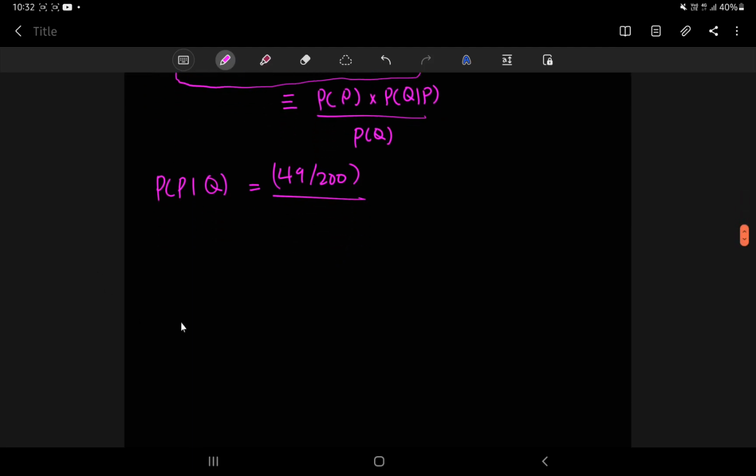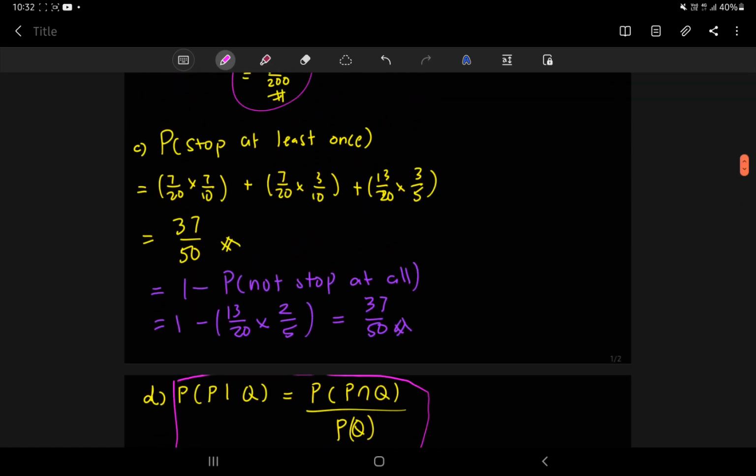The probability of stopping at Q: let's find it over here. We have two possibilities.